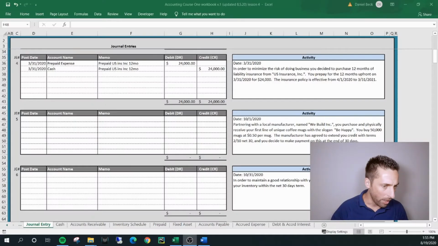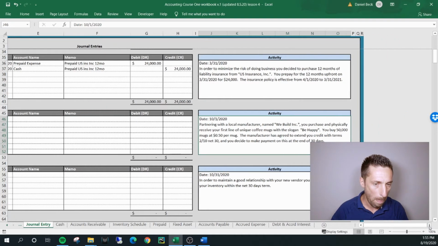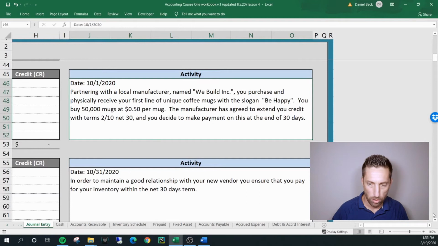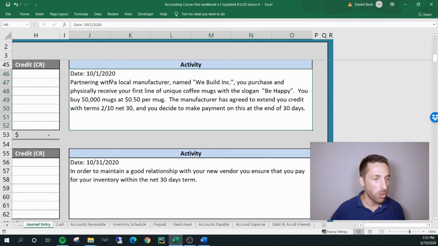All right, I'm in my computer screen now and I will zoom in so we can read this together. There we go. All right, so now we're jumping forward all the way to October 1st, 2020.